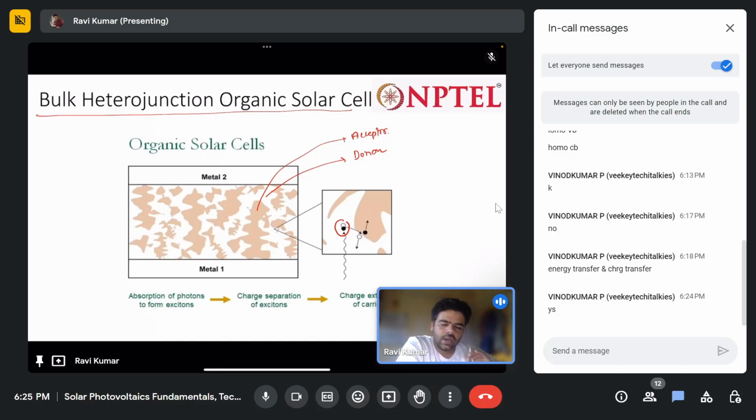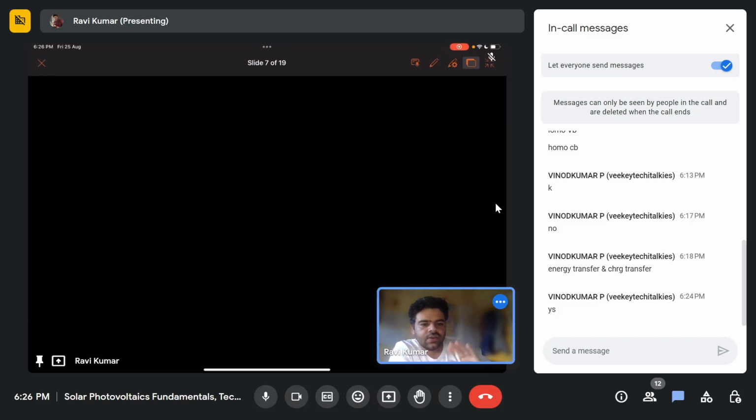So this is all about organic solar cells. And in the upcoming technology, we are making sure a large number of charge carriers are being generated. I'll tell you, there are four things. First is generation of charge carriers.